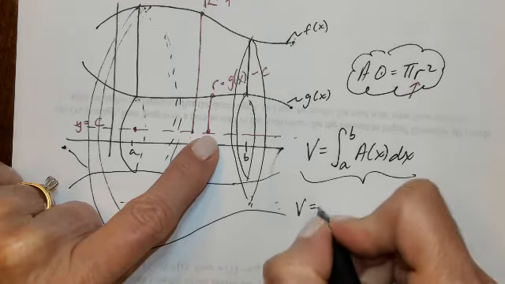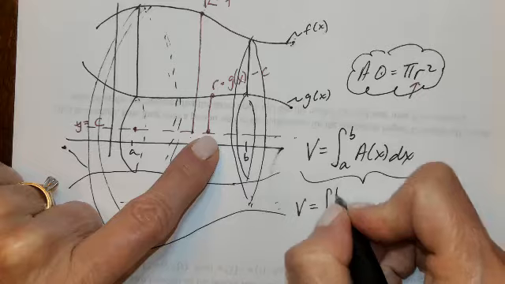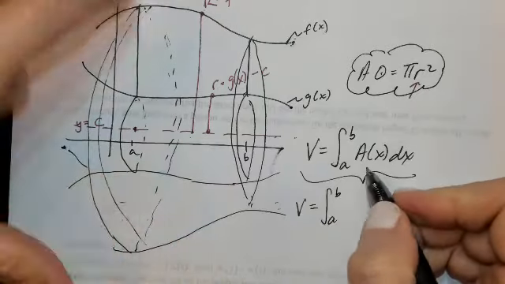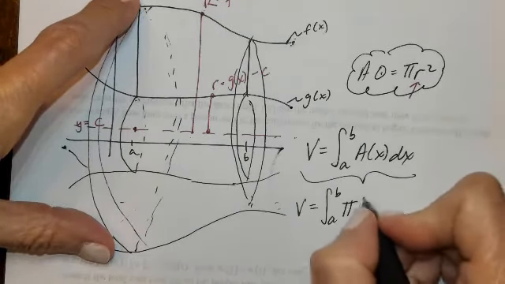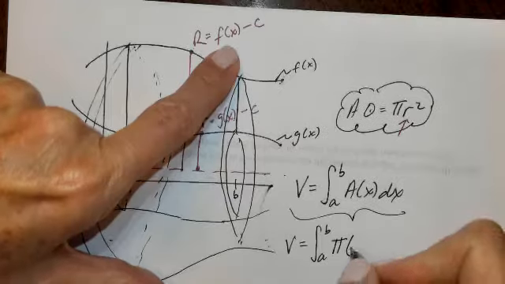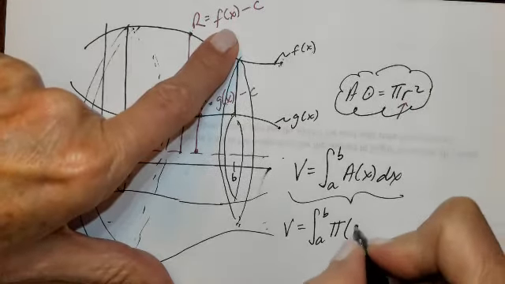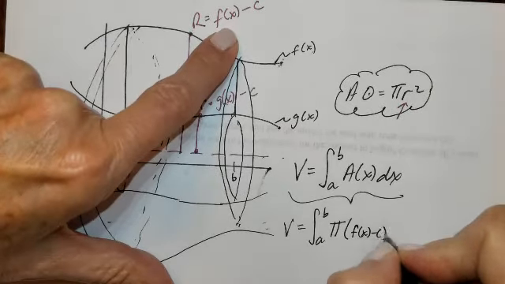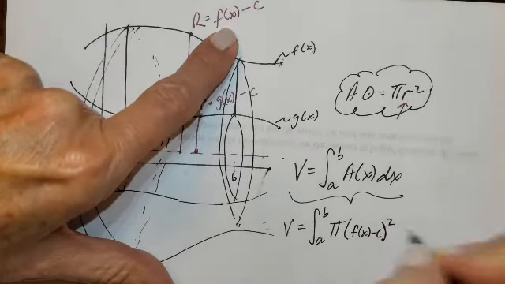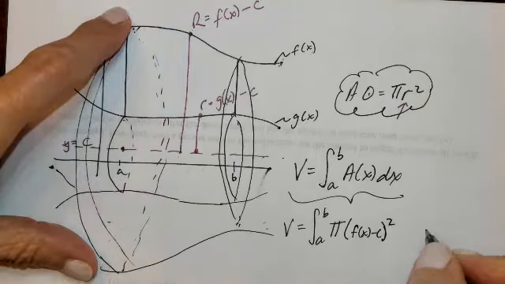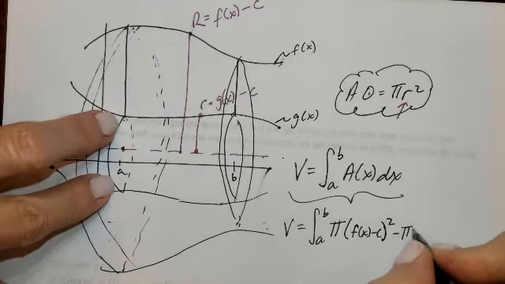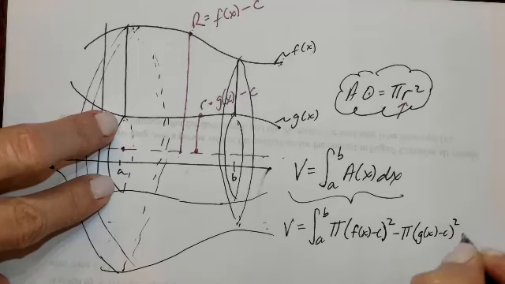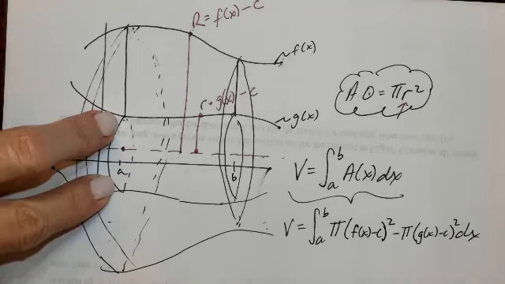Then we just put it in our volume formula. So volume is equal to the integral from a to b of pi times my big radius squared. That's my large circle, and then I'm going to subtract out my small circle, with respect to x.